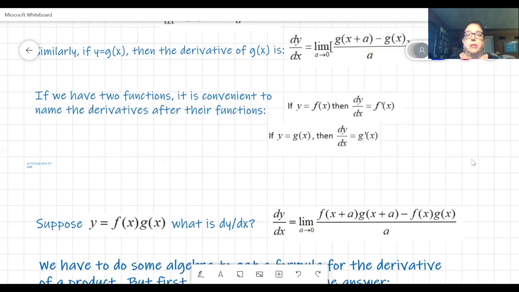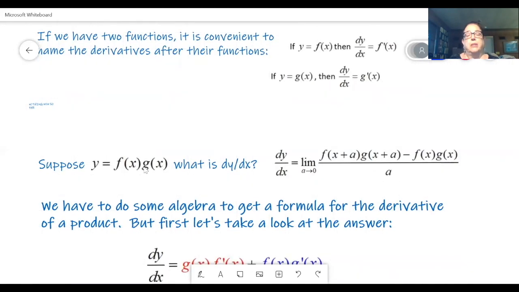So suppose we want to look at a product, any 2 functions, f of x and g of x. We want to know what's dy dx in this case. Well, if we use our definition of derivative, it's the function at x plus a minus the function at x divided by a. Remember, in this case, our function is a product of 2 other functions.